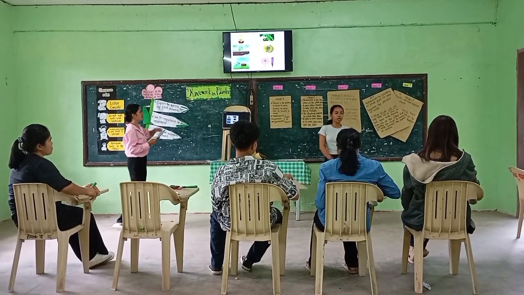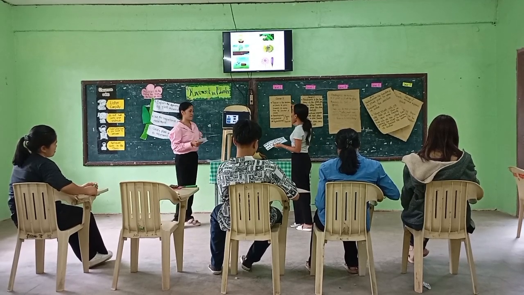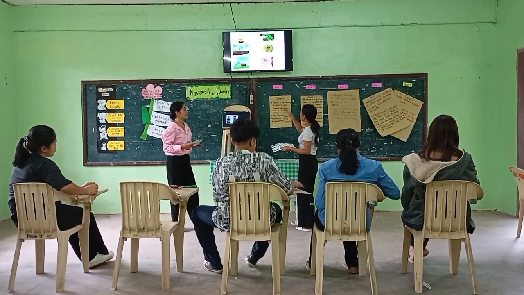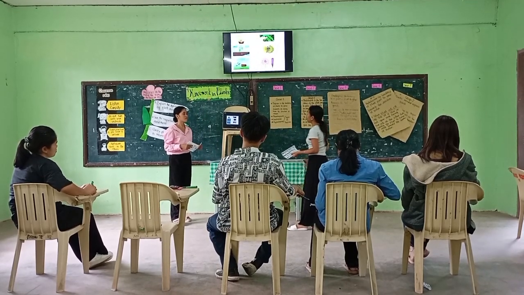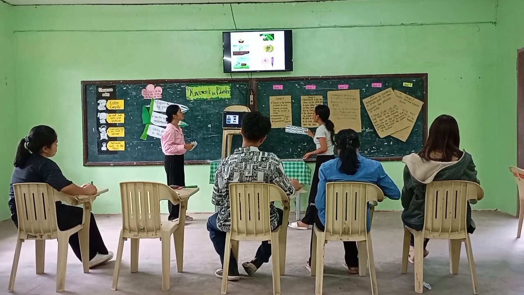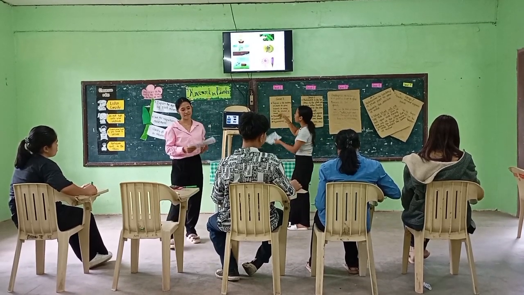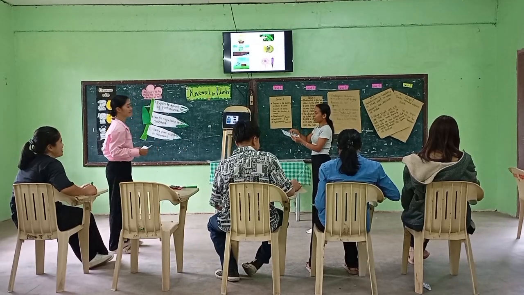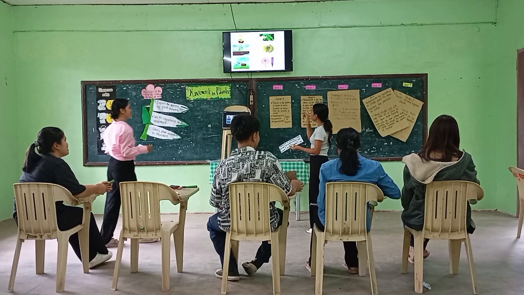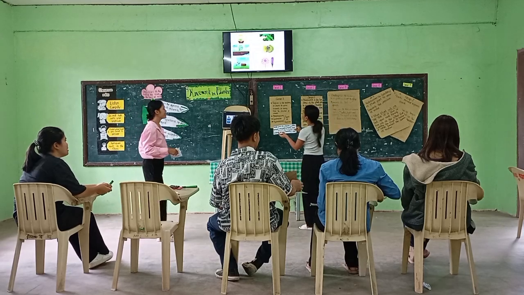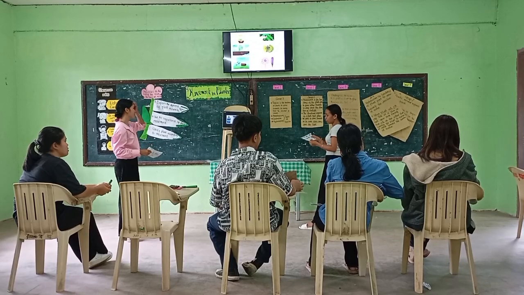Good afternoon, everyone. So this is my output. There are three types of tropism, which are phototropism, hydrotropism, and geotropism. The first picture shows phototropism, and the response stimulus of phototropism is towards the light. Then the second picture is what we call hydrotropism.